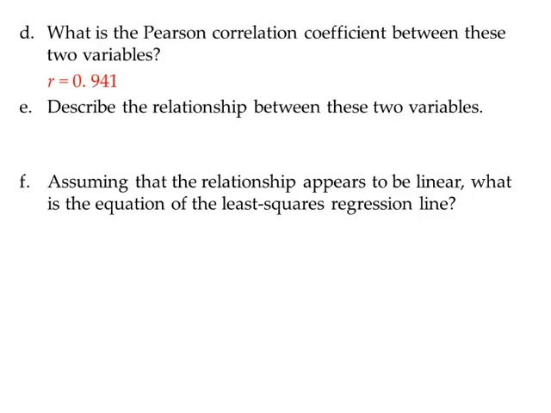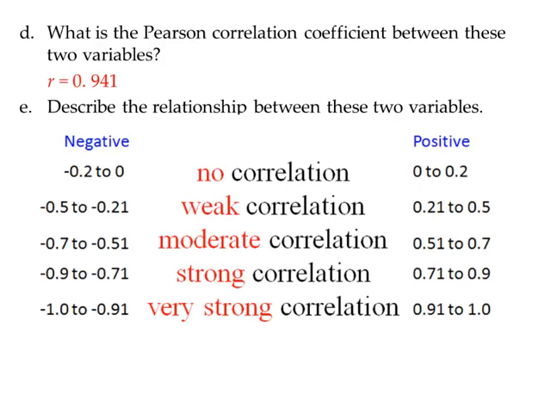Question E. Describe the relationship between the two variables. We're going to use the value of R to determine the strength and the direction. We have R being 0.941, which implies the strength is a very strong correlation, and it's also positive.